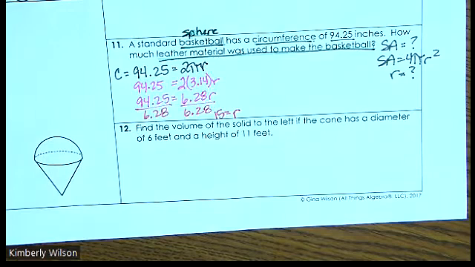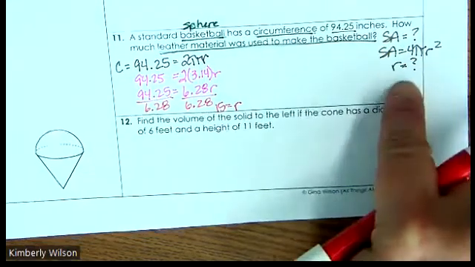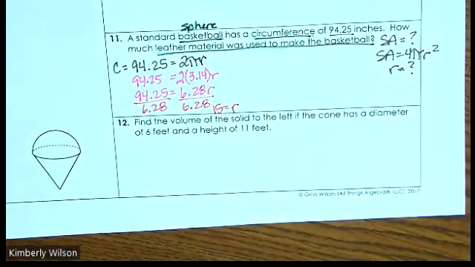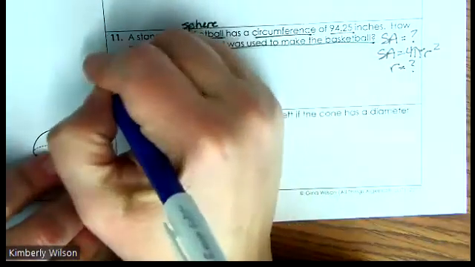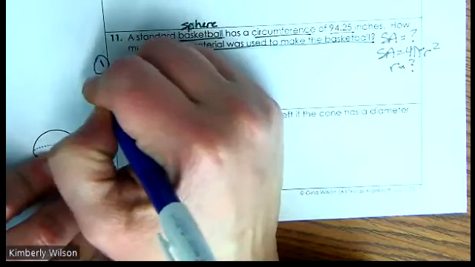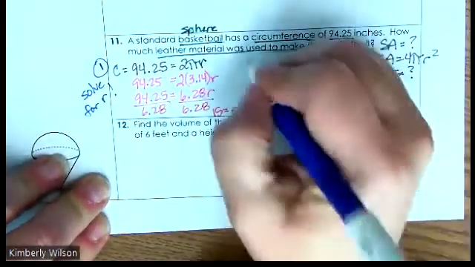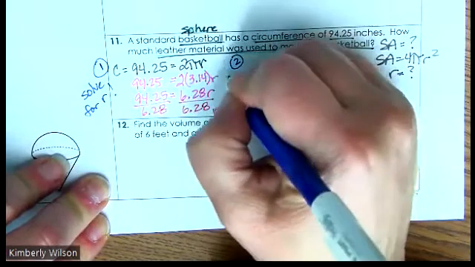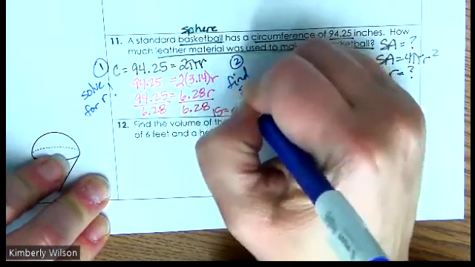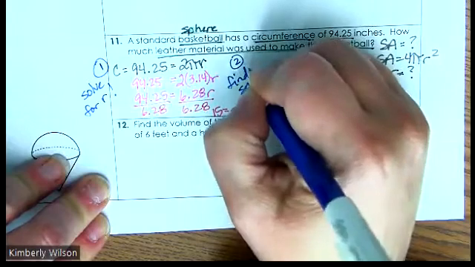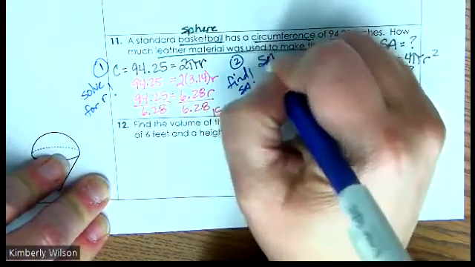Well, now that I know the radius, I can plug it in to find the surface area. This is a two-step problem. This was step one, which was to solve for r. Step two is to find the surface area. So we now plug in.